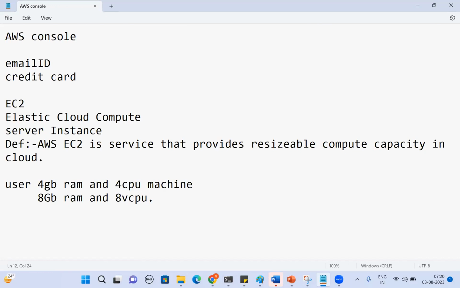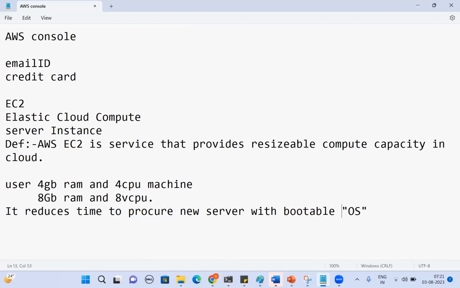This is one of the great features of using the cloud, because it changes the configuration as per our requirement, and it reduces the time to procure a new server and a bootable OS.